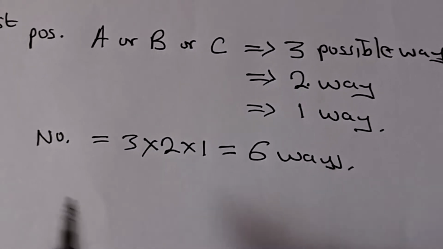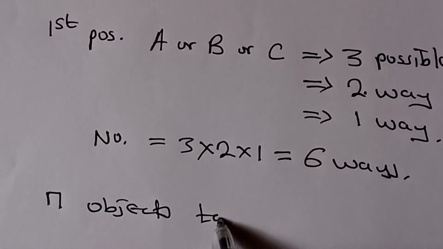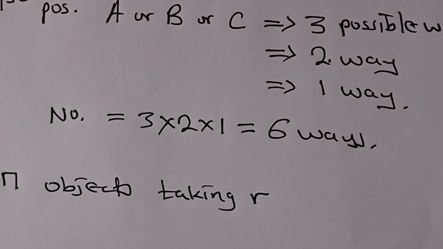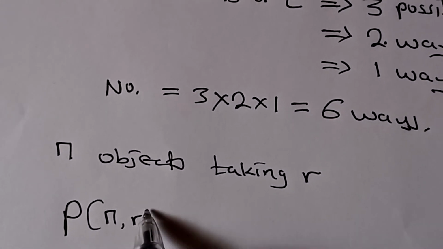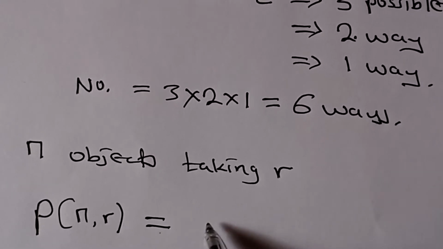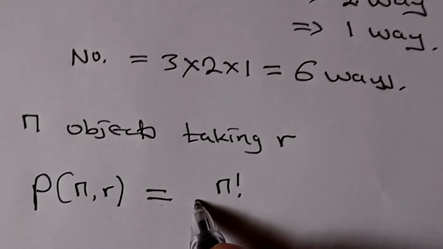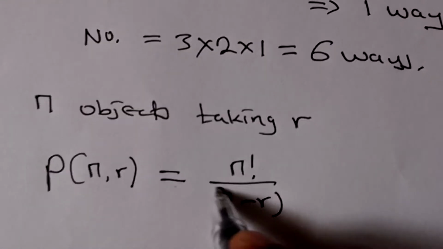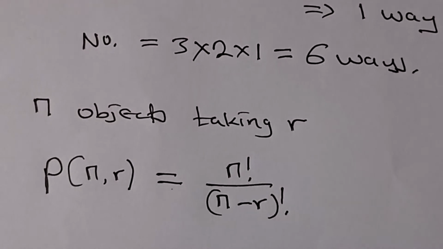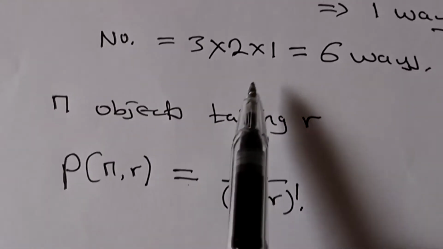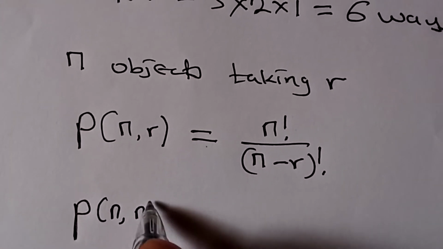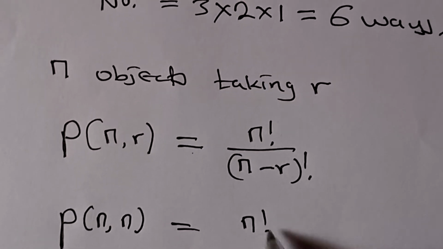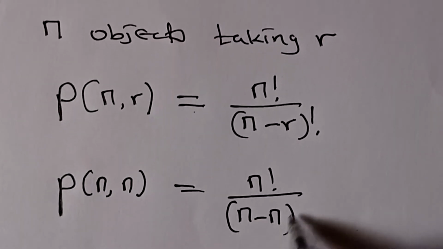The number of permutations of n objects, taking r at a time, is defined by permutation n taking r, which is given mathematically by n factorial divided by n minus r factorial. In particular, if the objects we are choosing are all different, then we have permutation n taking n, which will be n factorial divided by n minus n factorial.